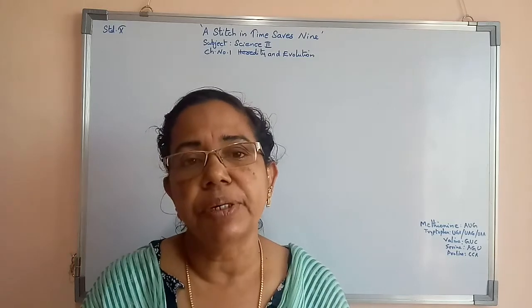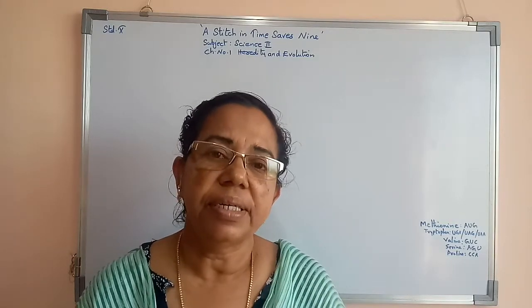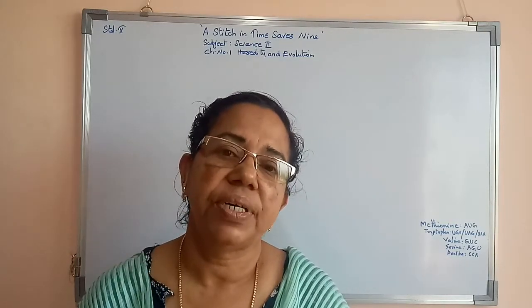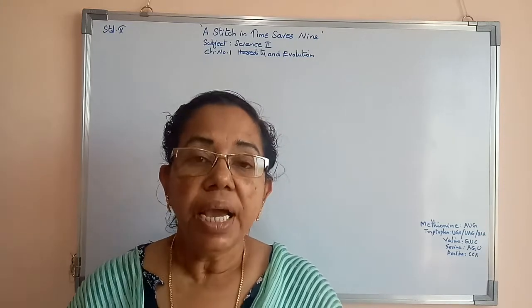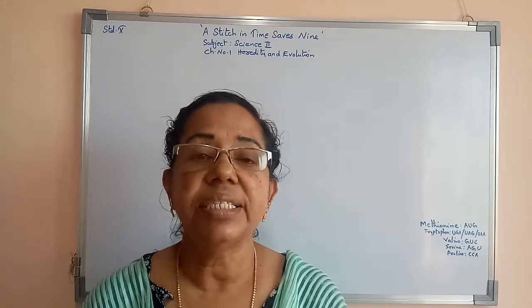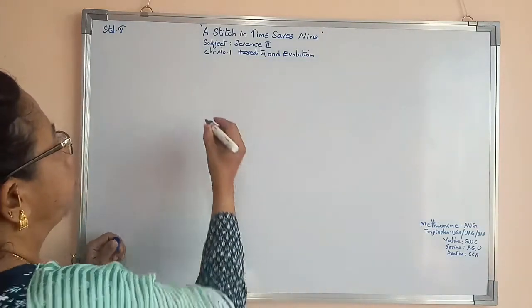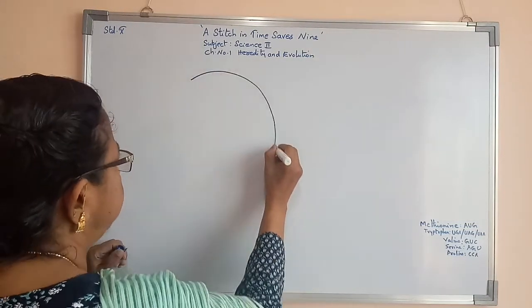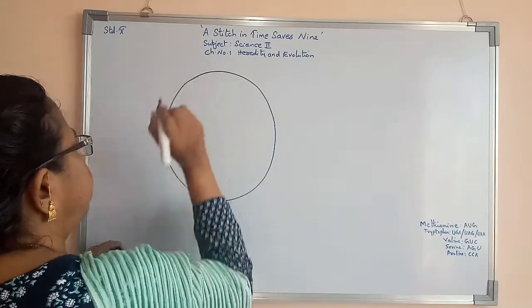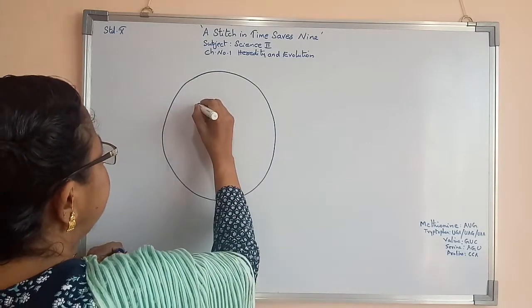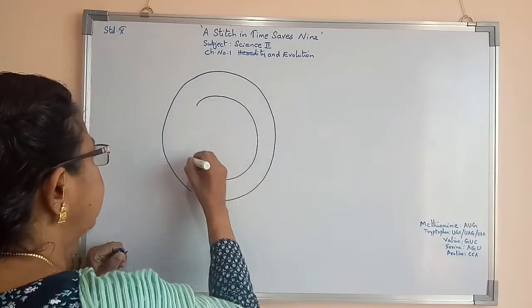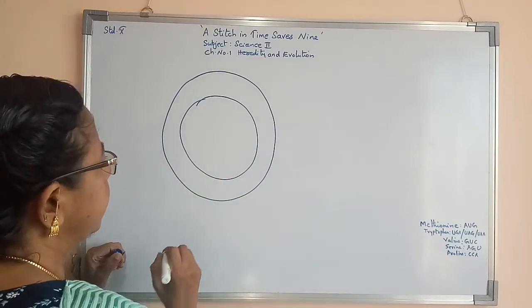Now we will study about different functions of DNA. First we will study what is DNA. Now, first I am showing you a cell. Inside the cell, there is a nucleus.